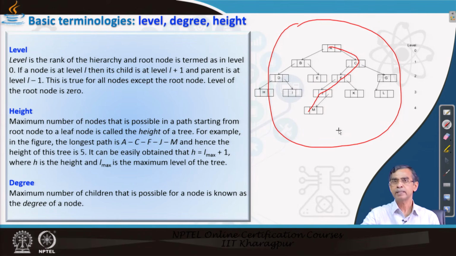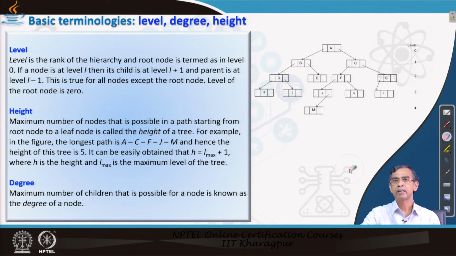And one interesting correlation, as you can see in this example, is that the height is exactly the highest level possible for a binary tree plus 1. For example, the highest level is 4 and then the height is 5. There is a proof also: it is always true that the height of a binary tree is the highest level plus 1.